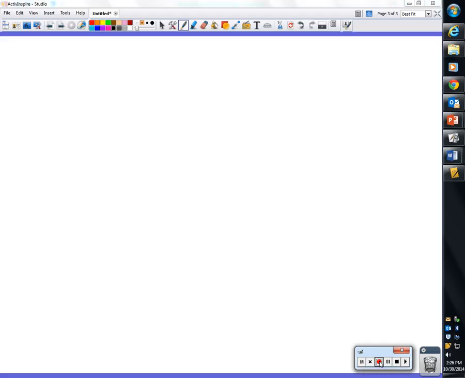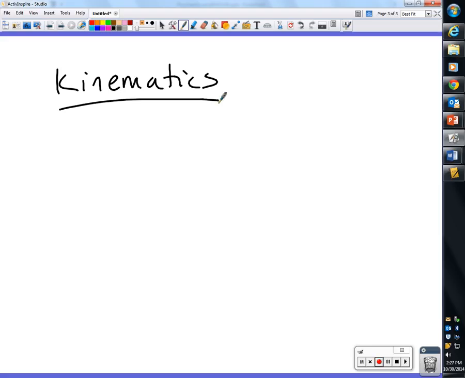In chapters 2, 3, and 4, we started with kinematics. Do we remember our description of kinematics? More generally, there were 4 questions, right?